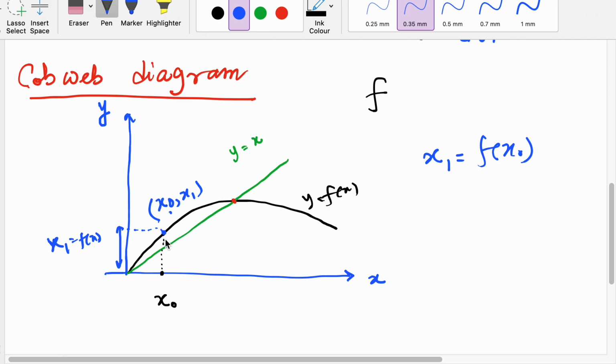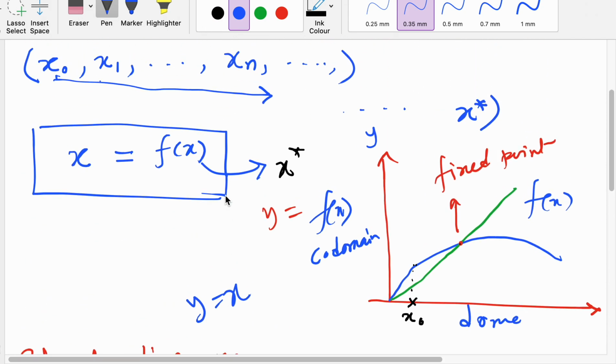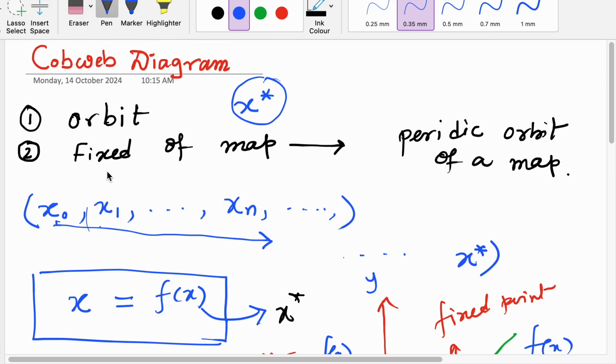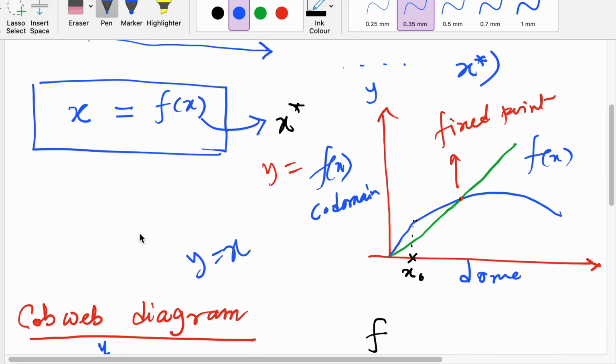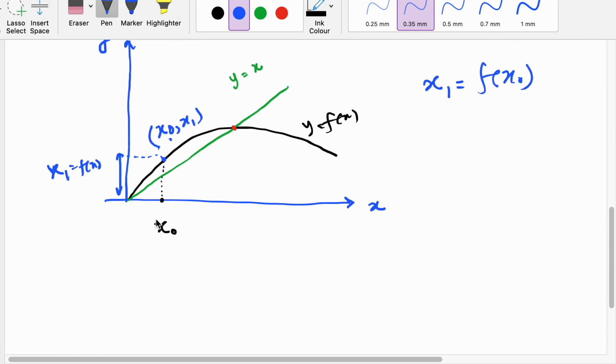Now to know its orbit, we have to know the other iterates. If I apply f on x1, where will it go? I want to use this map to see this graphically.